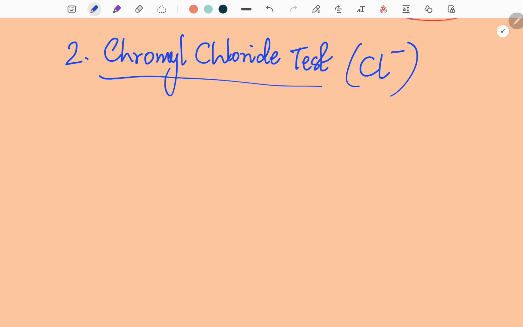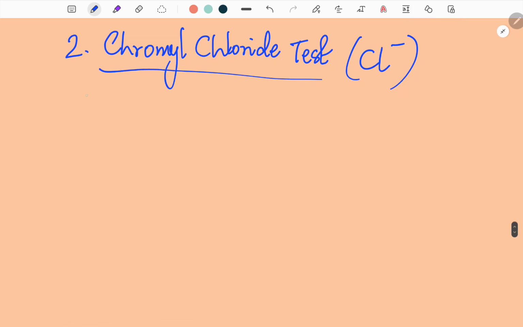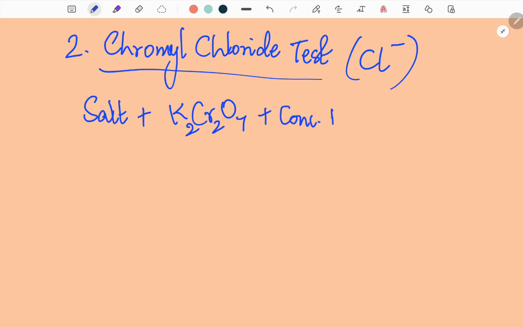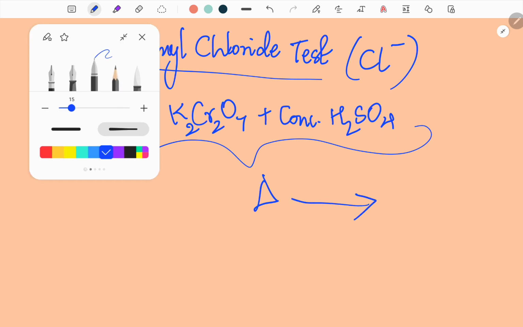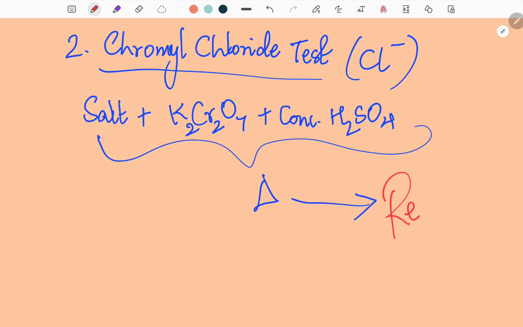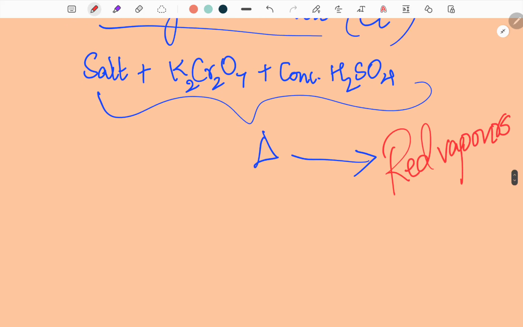Now, for the chromyl chloride test, you need to take the salt in a test tube and add potassium dichromate crystals, and also you need to add a few drops of concentrated sulfuric acid. Now, this test tube, you have to heat it, and when you are heating it, you will observe that red vapors will be released out of the test tube.